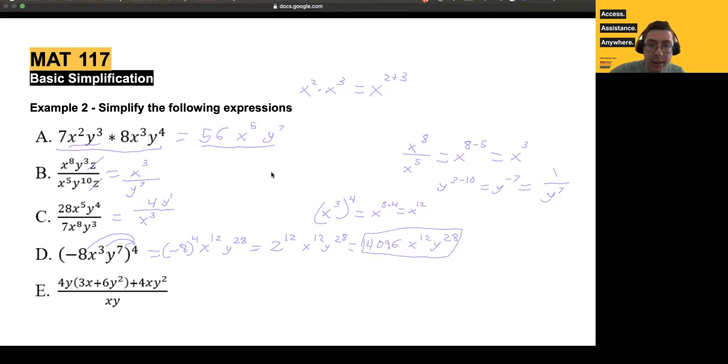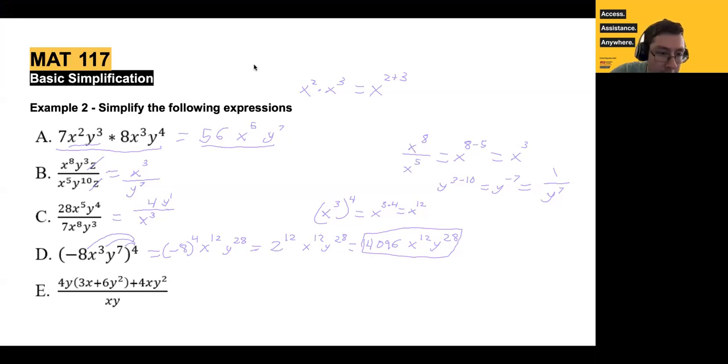Lastly, part E, where there's going to be many more steps to this one than the previous ones. So first of all, we might as well distribute this 4y into the terms in the parentheses.